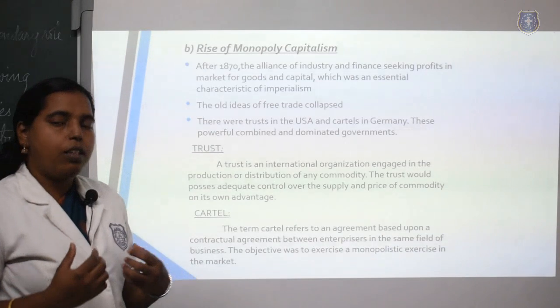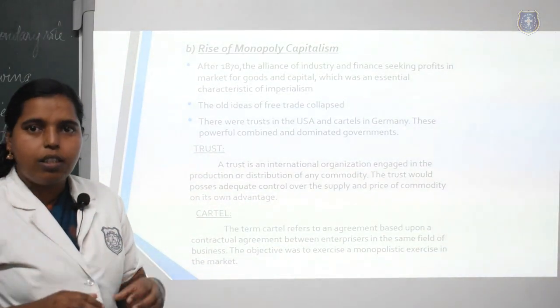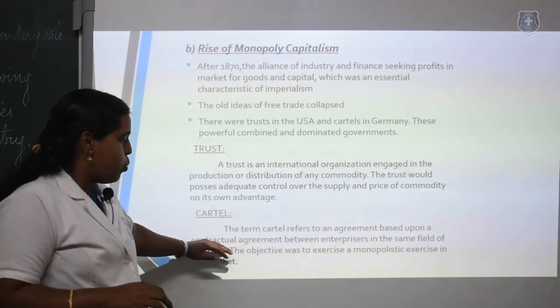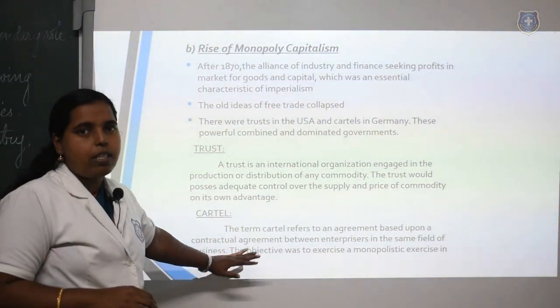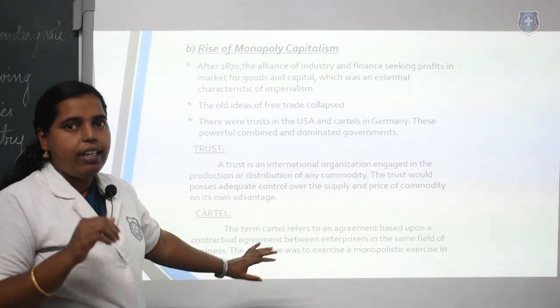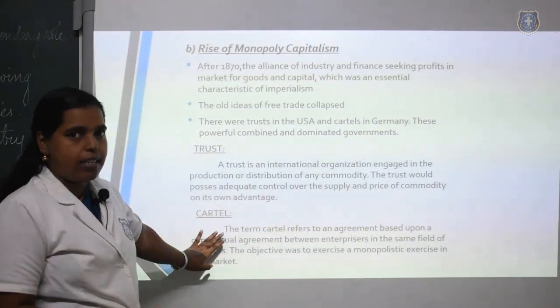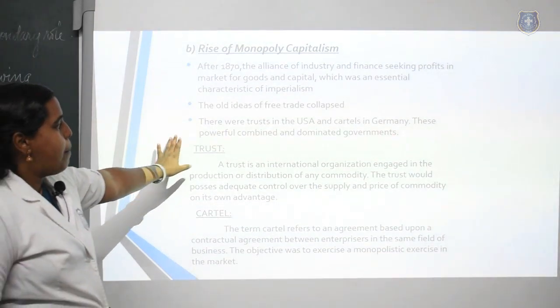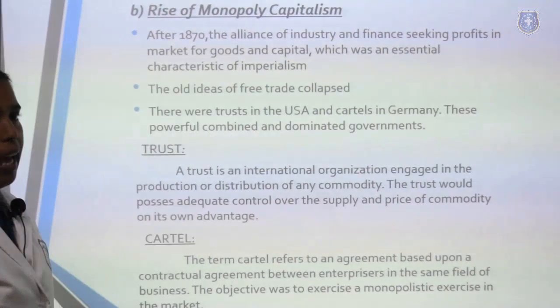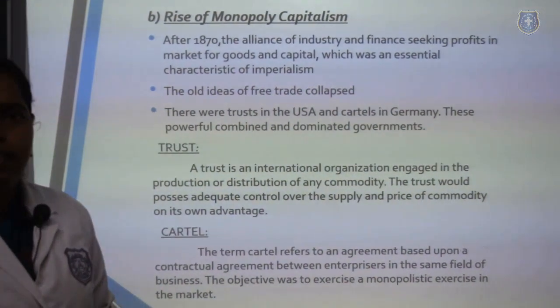Monopoly means those who are taking this agreement, or those who are in control, or those taking part in the capitalism, will decide what they have to do, and no other people can indulge in their matters. That is the thing in cartels. So these powerful countries joined together and they themselves dominated the governments.